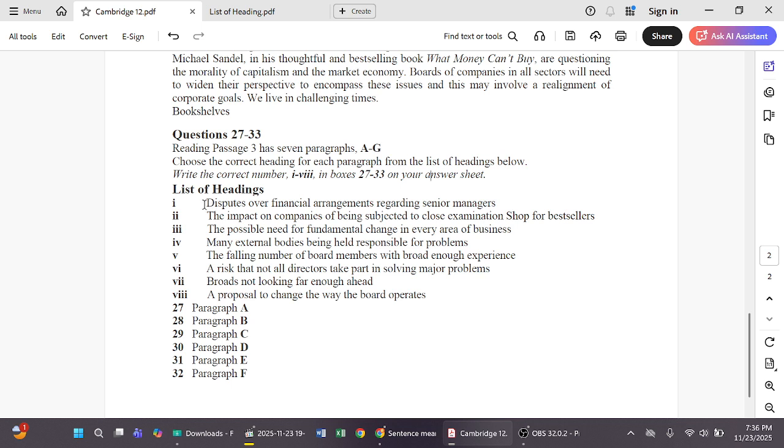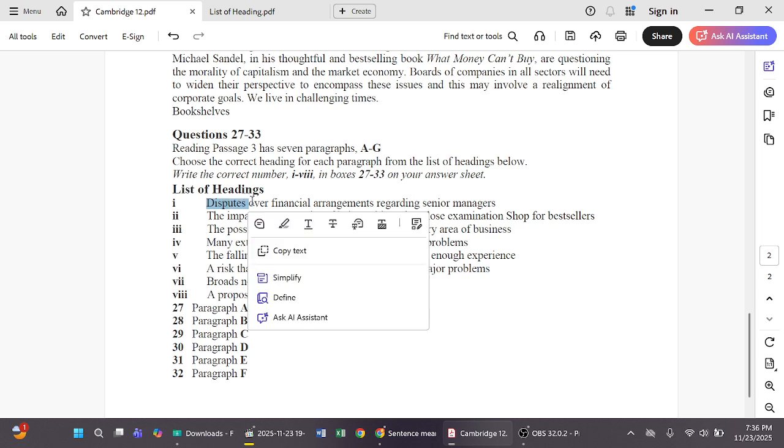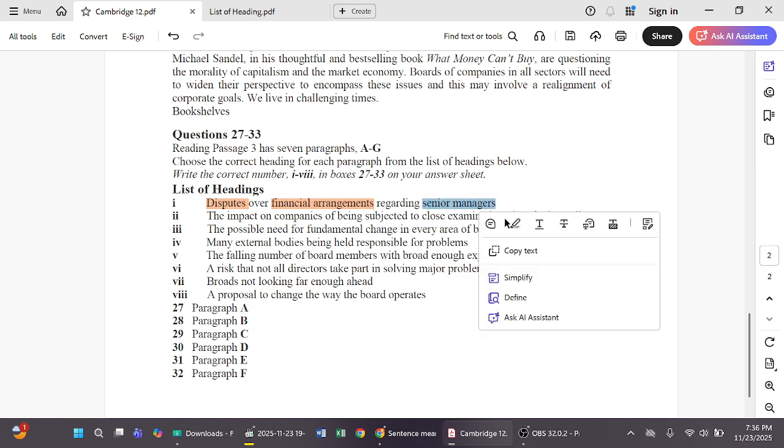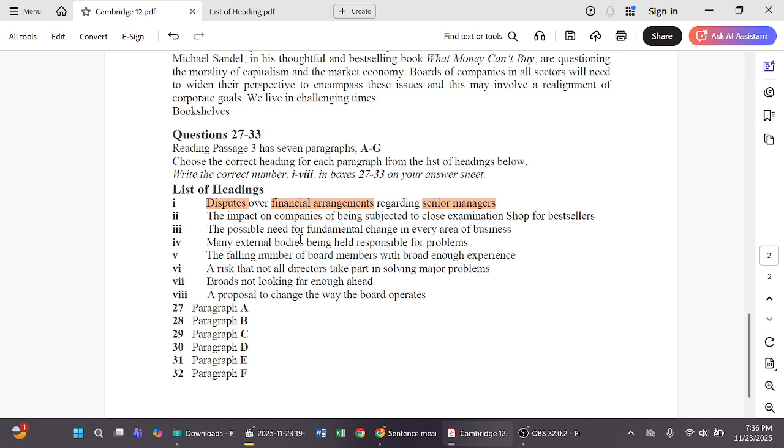For example, the first heading is "disputes over financial arrangements regarding senior managers." Here "disputes" is a keyword, and "financial arrangements," and then it is regarding senior managers. Try to understand what the heading actually means. Disputes means the paragraph must mention conflict or dispute or disagreement, something like this.